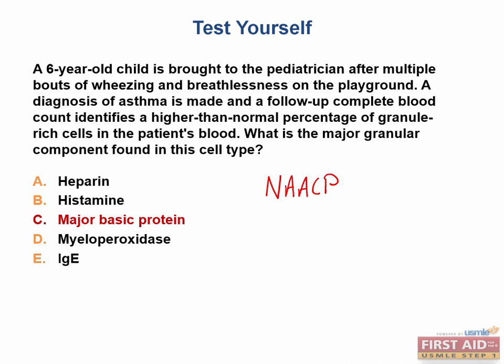Histamine is also released by the basophil and the mast cell, and is a vasodilator used in allergic degranulation. Histaminase is released by the eosinophil to limit these reactions. Myeloperoxidase is expressed in the neutrophil and is used to destroy bacteria, and IgE is made by the plasma cells.